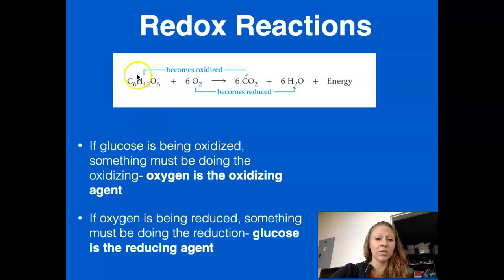What is doing the oxidation? It is the oxygen. And if oxygen is being reduced, something must be the reducing agent. The only thing in the equation that could be doing the reducing is the glucose. Glucose is the reducing agent.